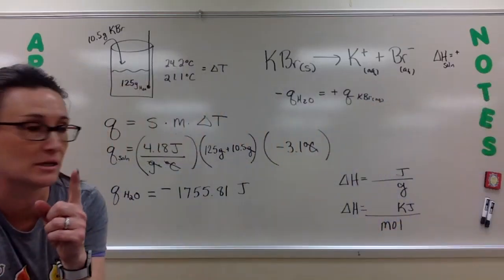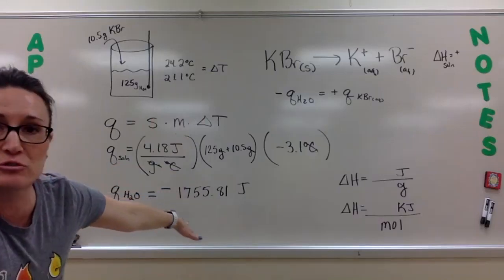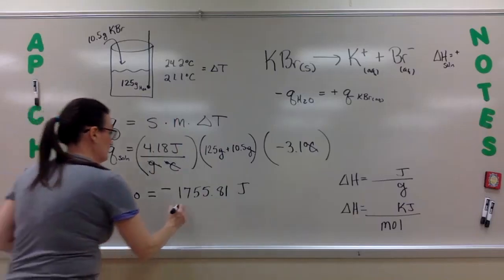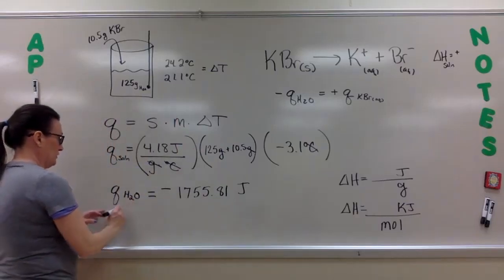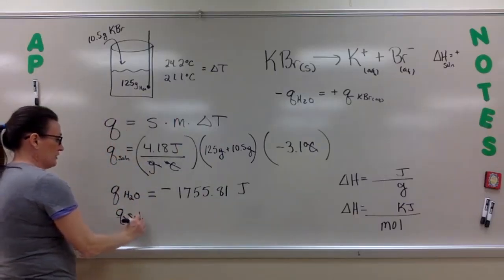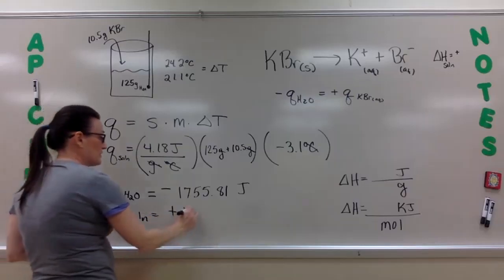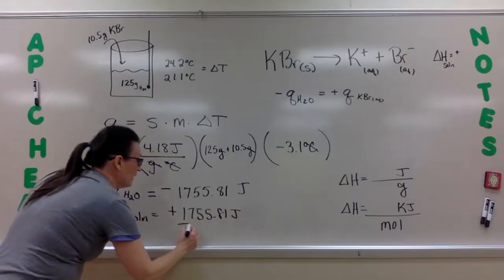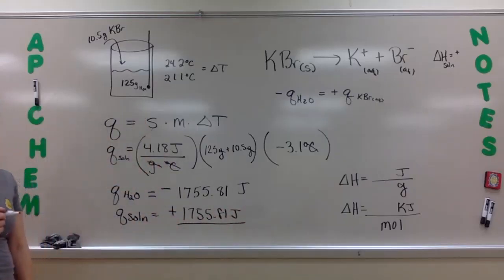Okay, the gram one's easier. So how are we going to turn that joules into joules per 1 gram? And then be careful, the heat of the whole solution is actually plus 1755.81 joules. And we're going to divide it by, anybody know? This shows up a lot.